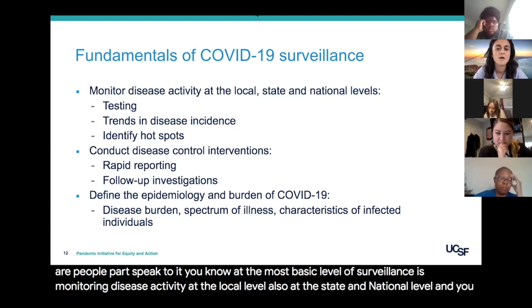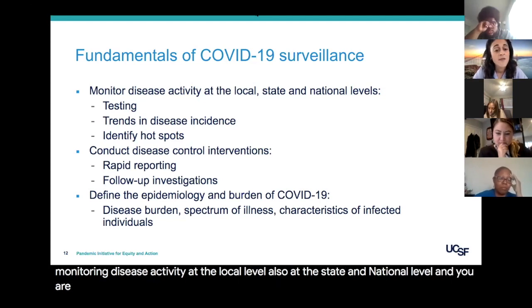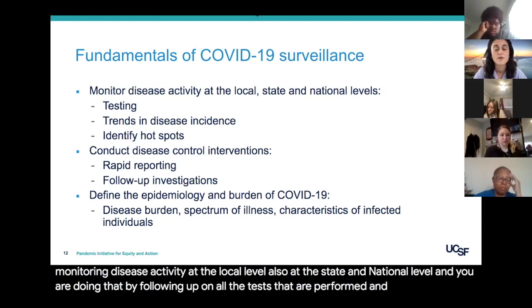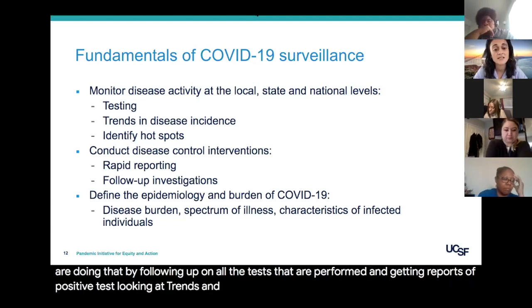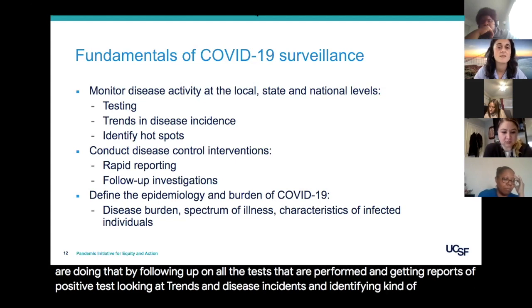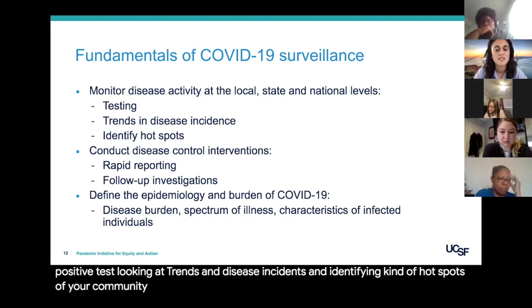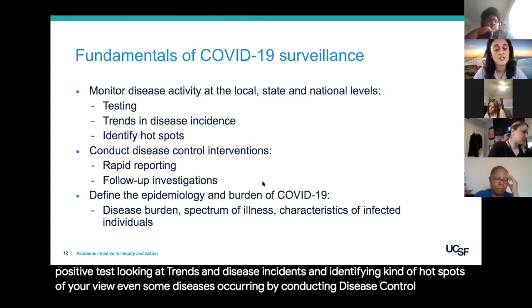And you are doing that by following up on all the tests that are performed and getting reports of positive tests, looking at trends and disease incidence and identifying hotspots in your community where disease is occurring, by conducting disease control interventions.